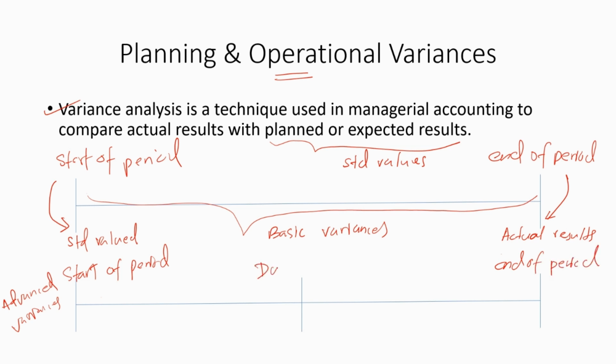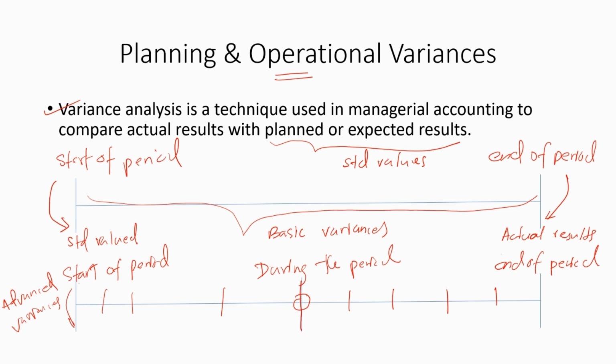And this is during the budgetary period. This does not mean that during the budgetary period is the middle of the budgetary period. It can be anywhere between the start of the period and the end of the budgetary period. For simplicity, we consider here during the budgetary period.